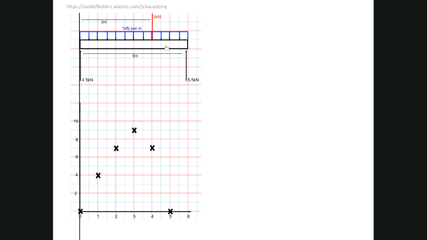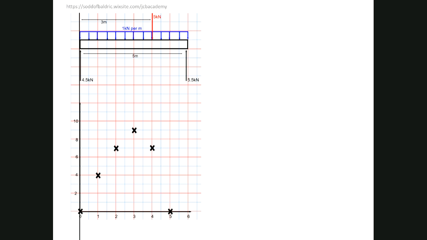So all of this is ignored. And as you can see, I have no bending moment because my pivot is right at the end of the bar. There's nothing happening on this side, which is why we have 0 here. What you should always find with your bending moments diagram is it starts at 0 and it ends at 0 for a simply supported beam. So hopefully we're going to prove that.